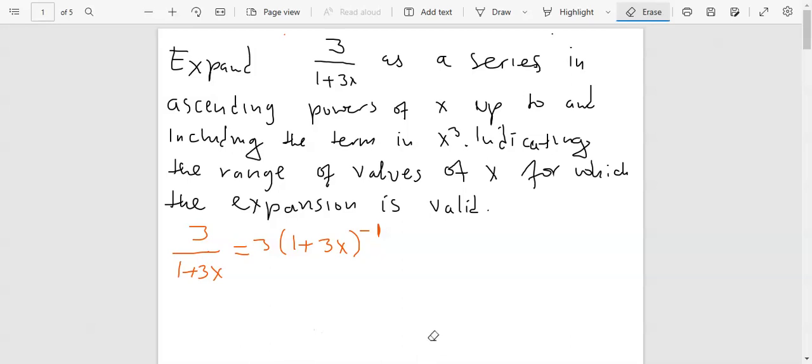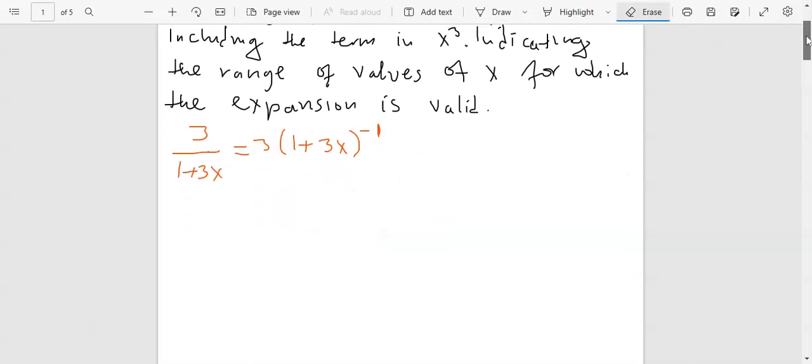The direct method for expansion is for when you have powers like 1, 2, 3, 4, up to 7, where you use the binomial expansion directly. But in a case like this one, it's going to be a special case.